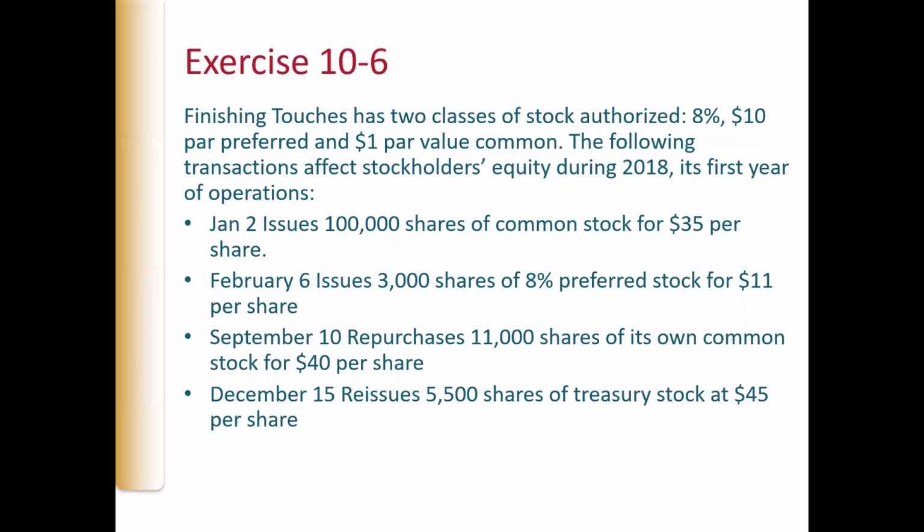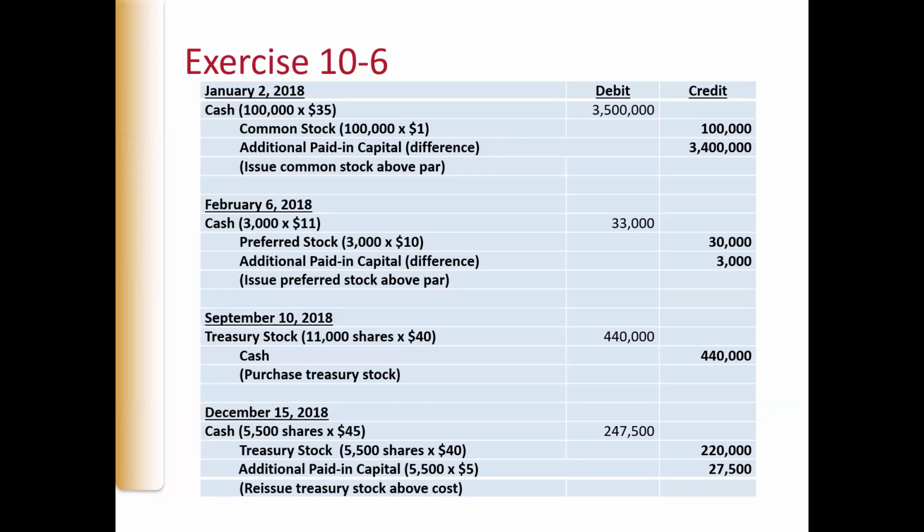Then September 10th repurchases 11,000 shares of its own common stock for $40 per share. Then what you'll do is we just debit the treasury stock and we credit the cash.